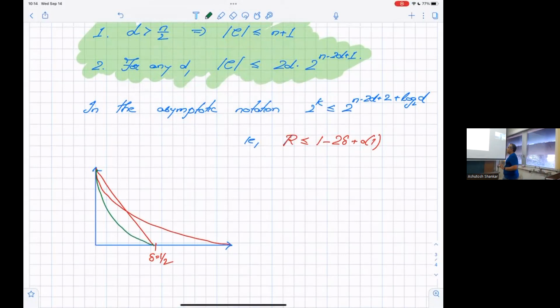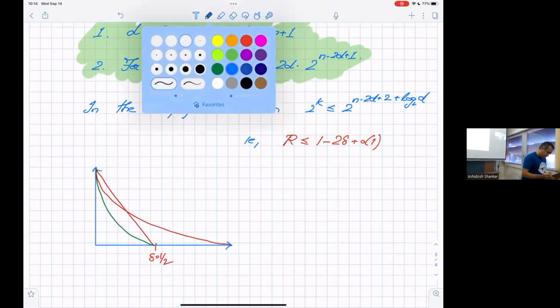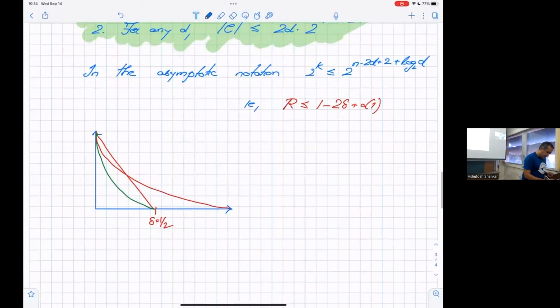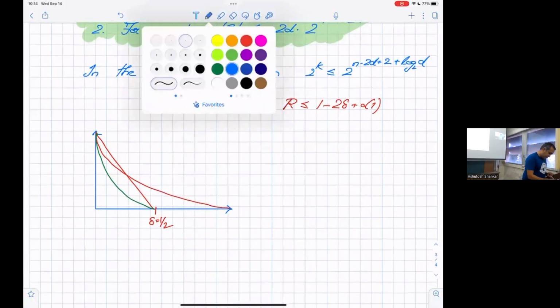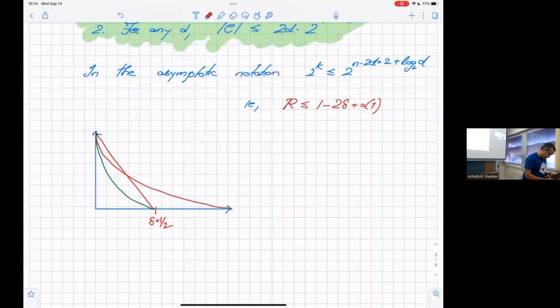So that's the state of affairs at this point. And the first item of the Plotkin bound states why this is a natural one. So that's Plotkin. This is Hamming.